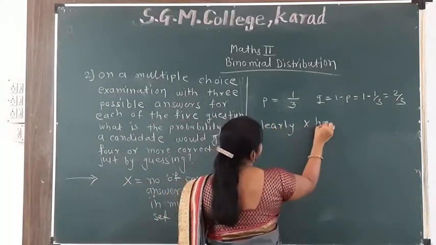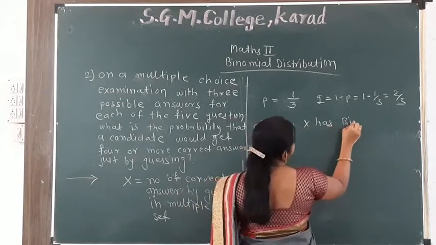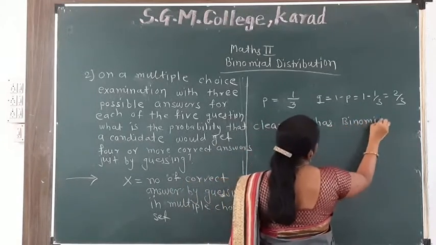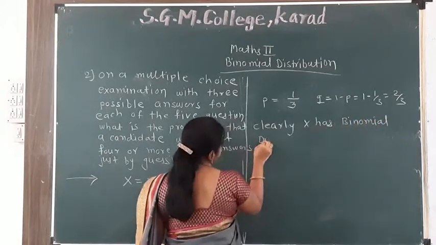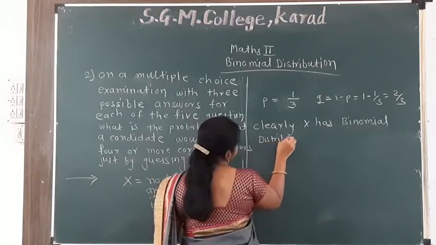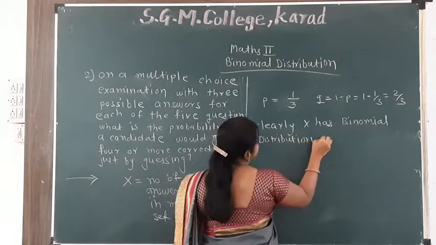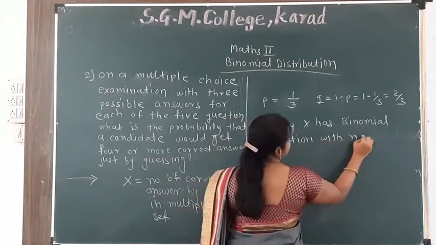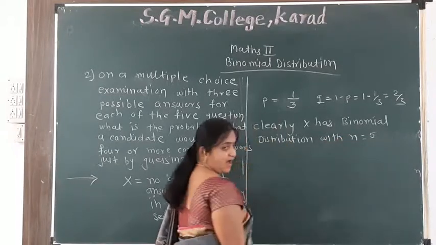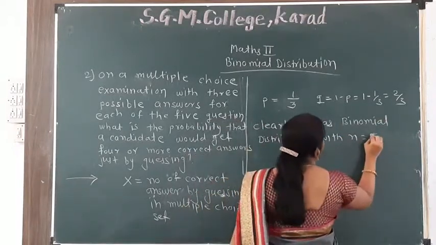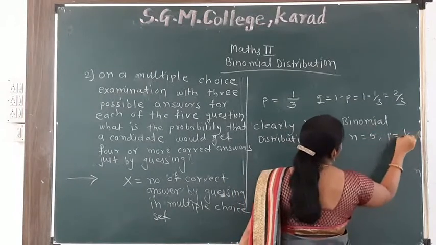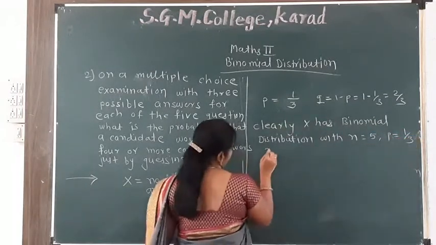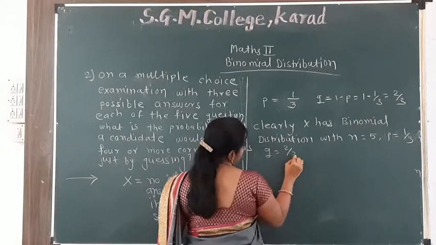So it is clear that X has a binomial distribution with n, the total number of questions, given as 5. Probability of a correct answer is 1/3 and of a wrong answer is 2/3.